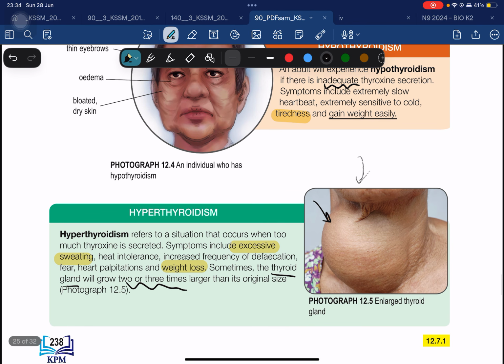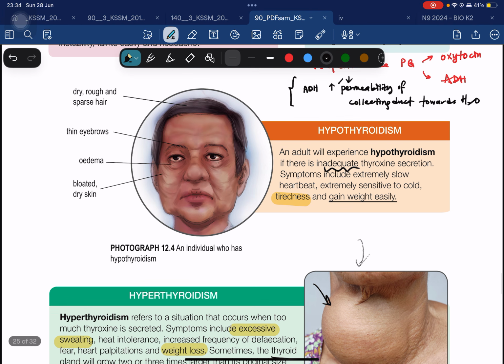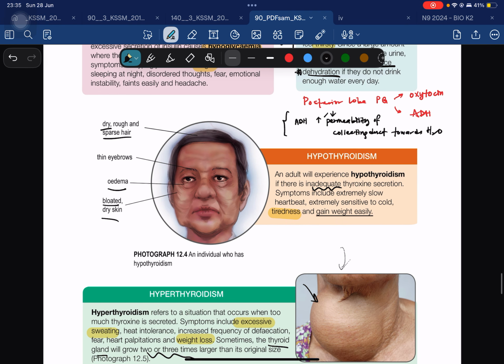This occurs when there is a lot of thyroid hormone. We can memorize it like this. And when you don't have enough thyroid hormone, you can look at his face: edema, bloated, or even dry skin, and also thin eyebrows, dry and sparse here. These are the symptoms of it.